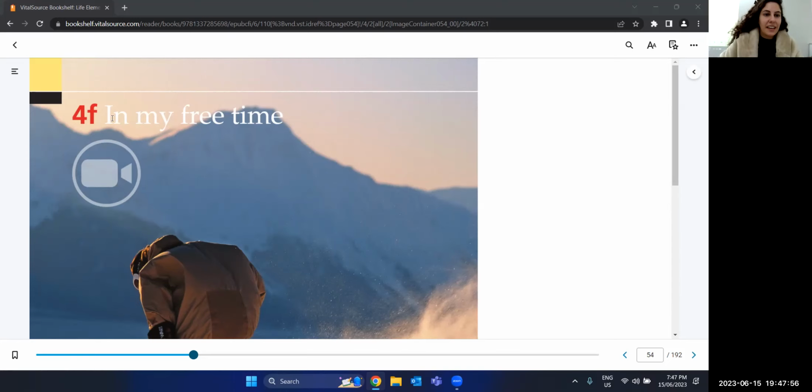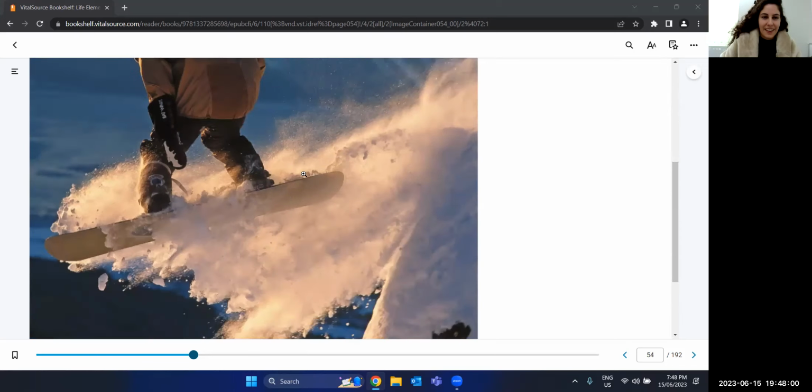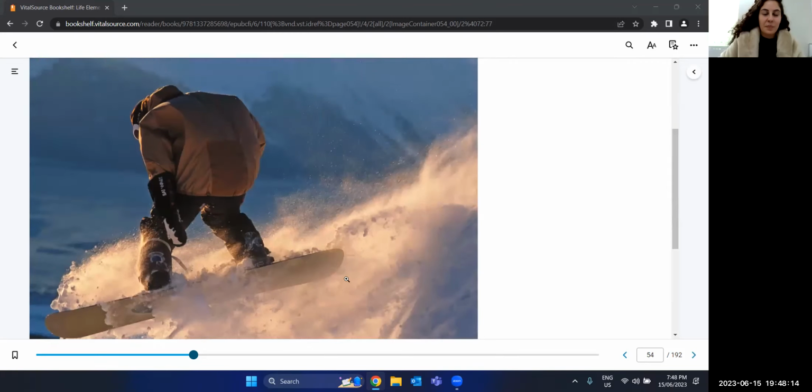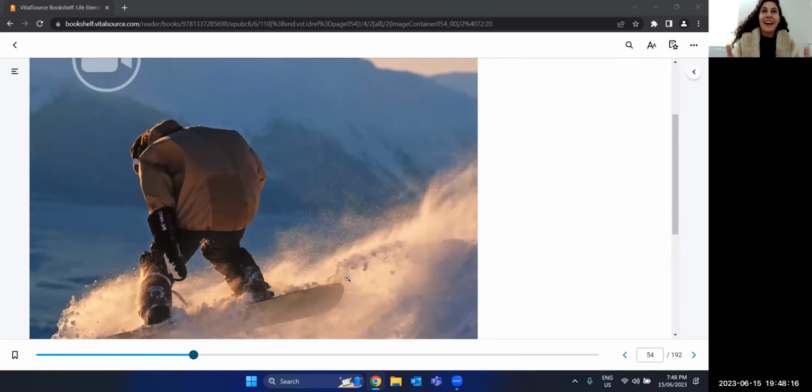So we have here In My Free Time. I can see the caption says a snowboarder jumps off a mountain at a ski resort in Alaska. So snowboarding, that is an activity.